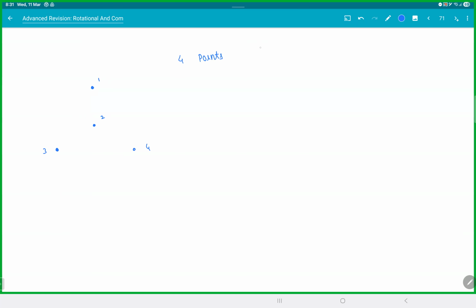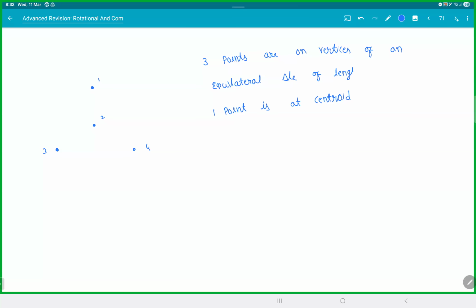Among them, 3 points are on the vertices of an equilateral triangle. Point 2 is at the centroid. It's an equilateral triangle of side length, maybe you can take it as L.